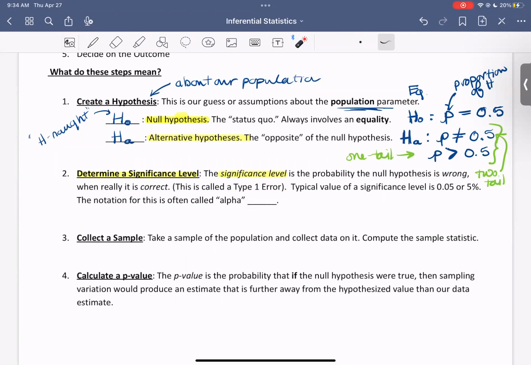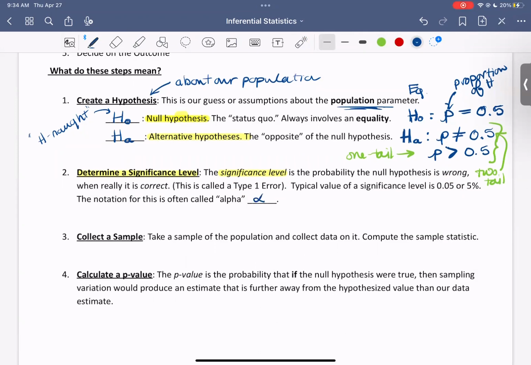A typical value of the significance level is 0.05 or 5%. We have notation for the significance level. We call it alpha, and we write that symbol like this, the Greek letter alpha. And we'll see where this significance level comes into play in a hypothesis test when we look at step 4.